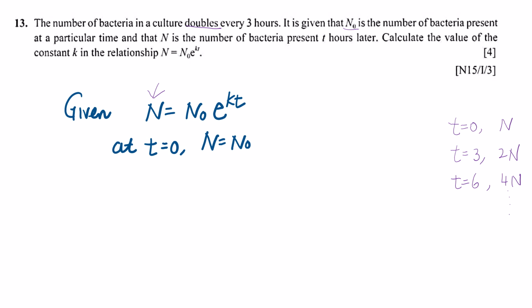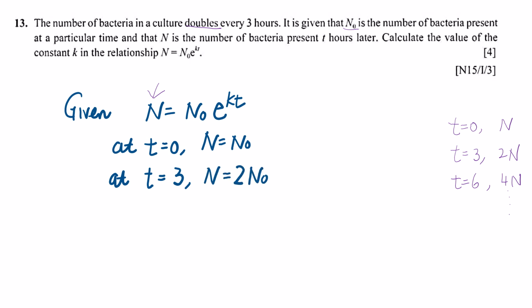So when the time equals 3, because it's 3 hours later, the number of bacteria is no longer n subscript 0, it has become doubled. So it becomes 2n0.